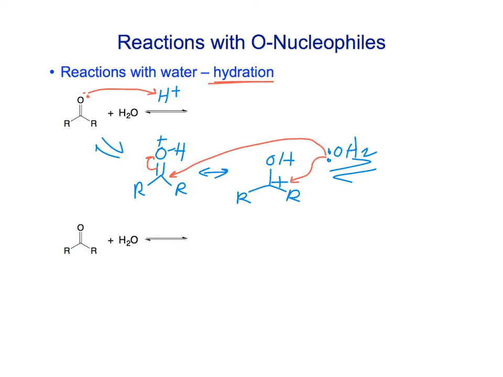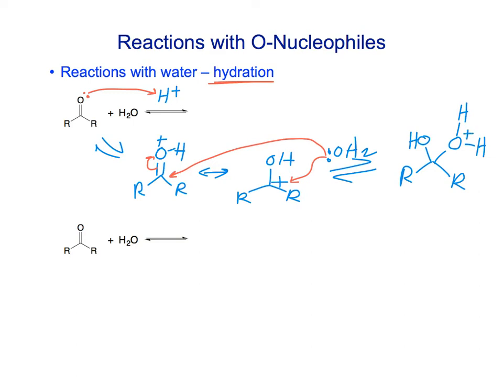Then the electrons would go up on the oxygen, so I'd use both of those red arrows on the left side. When we do that, we end up with an OH here. Are we at the product already? No, because this oxygen still has both of the hydrogens. We have to remember that we used a water molecule as the nucleophile.